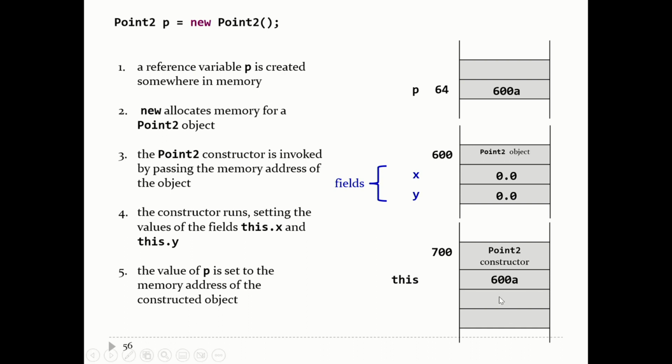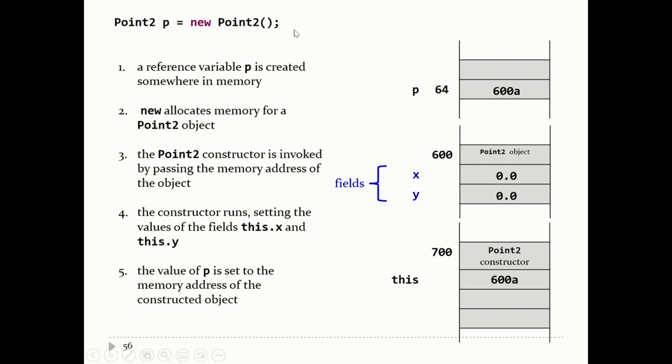After the constructor finishes running, new returns the address back to p. So that address 600 now gets passed back and assigned to the value p. And so a whole sequence of events is initiated by that one little line.